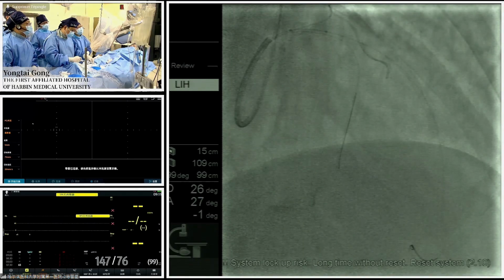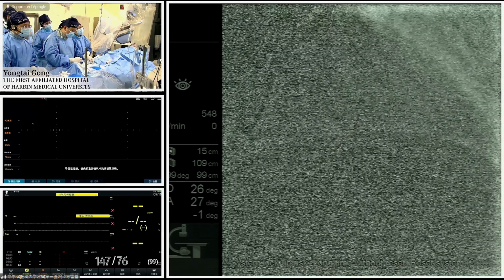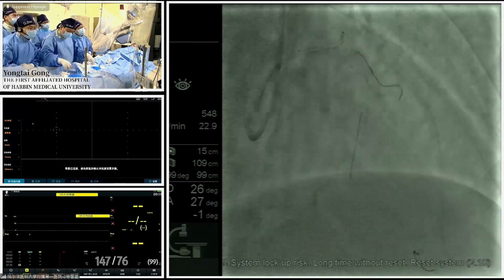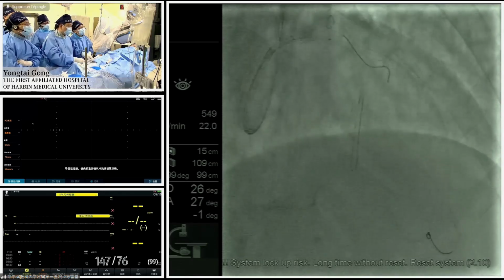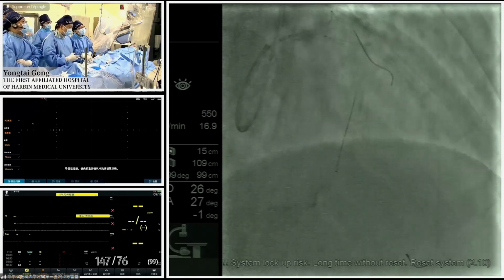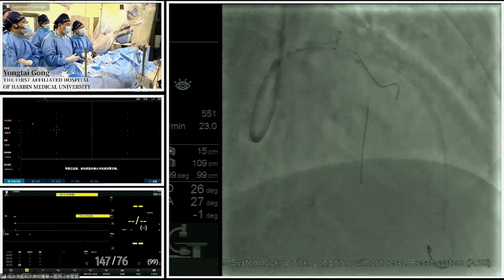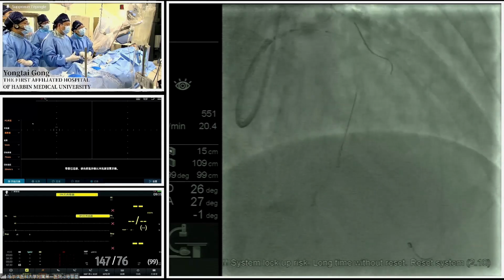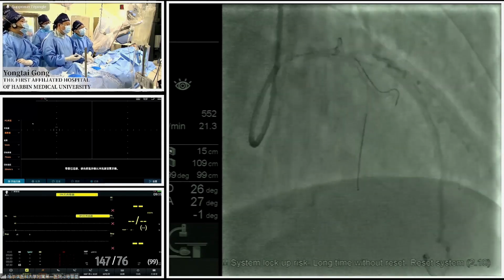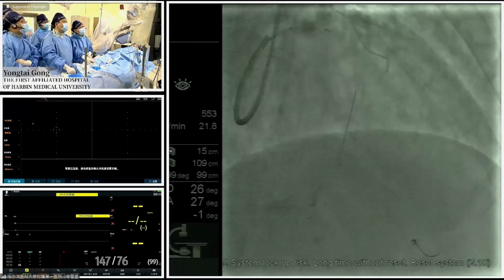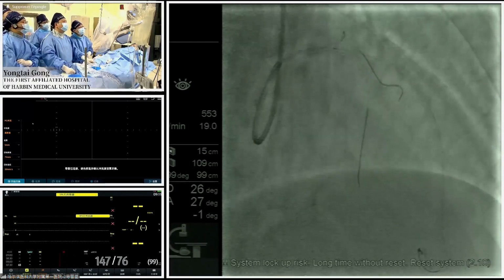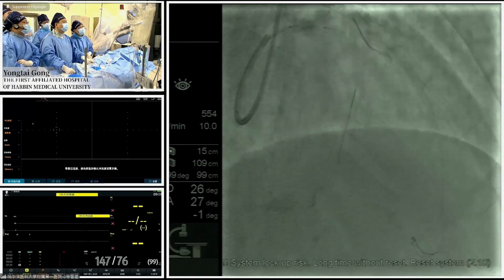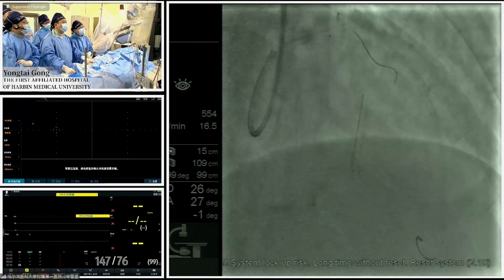For the treatment of calcification, except for IVL, maybe there are some other techniques like rotational atherectomy or some dedicated balloons. So for this patient, you prefer to use IVL. After the IVL, we have to run the imaging test to see the results.